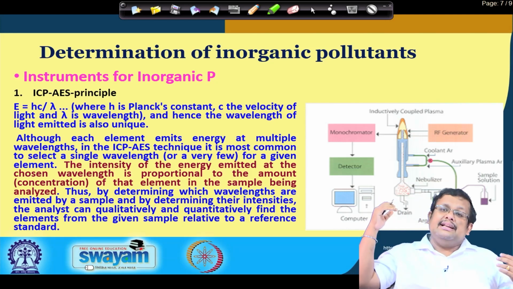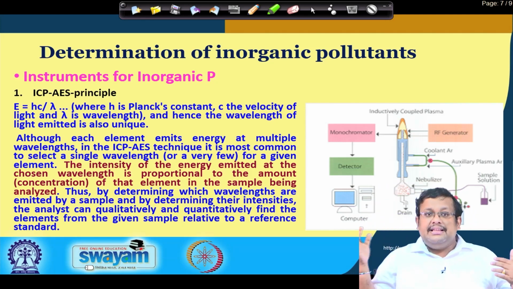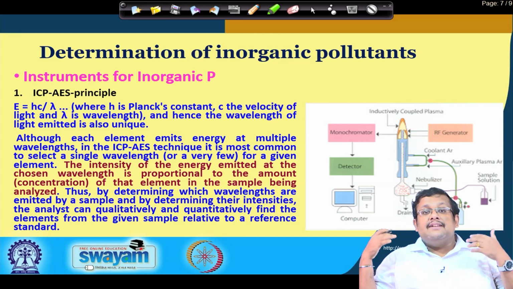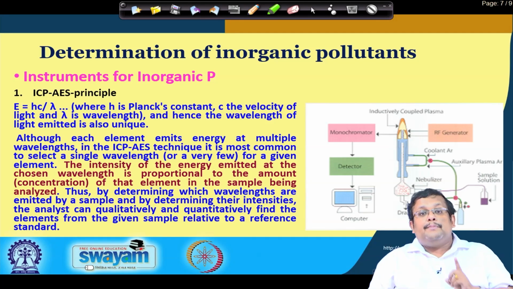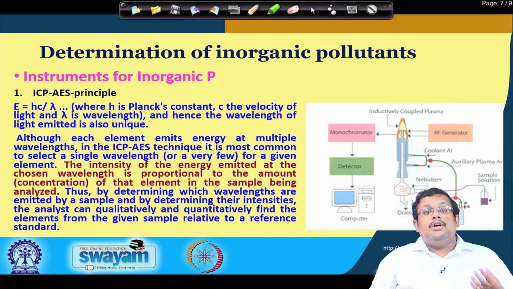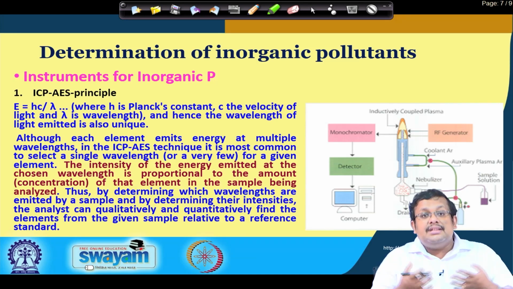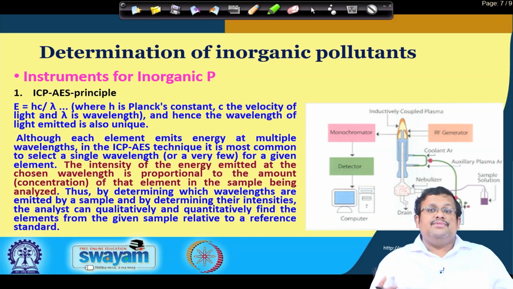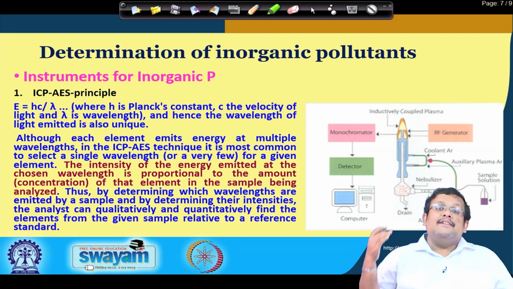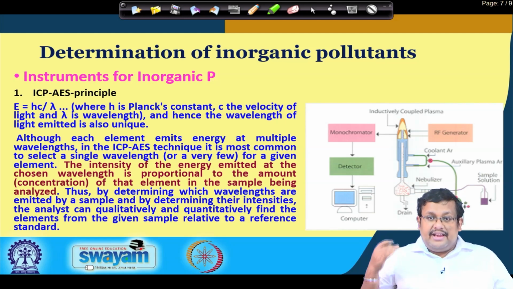The intensity of the energy emitted at the chosen wavelength is proportional to the concentration of that element in the sample being analyzed. So, depending on the concentration, the intensity of the energy emitted will also vary.